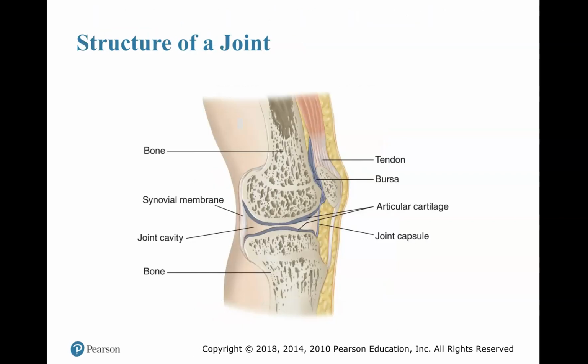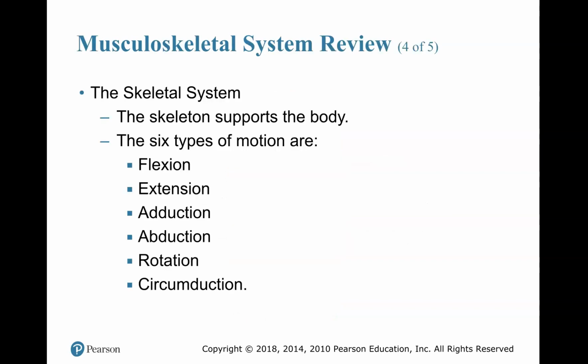The structure of a joint. You have the bone, synovial membrane, the joint cavity, tendons, the bursa, articular cartilage, and the joint capsule. The skeleton supports the body.